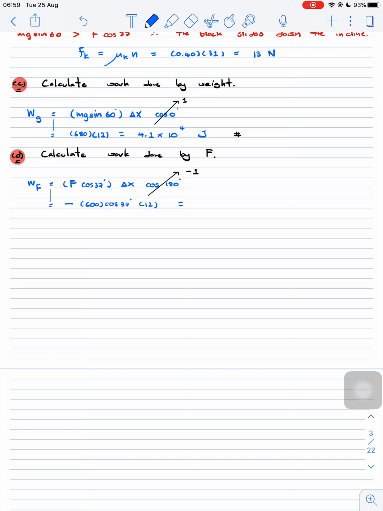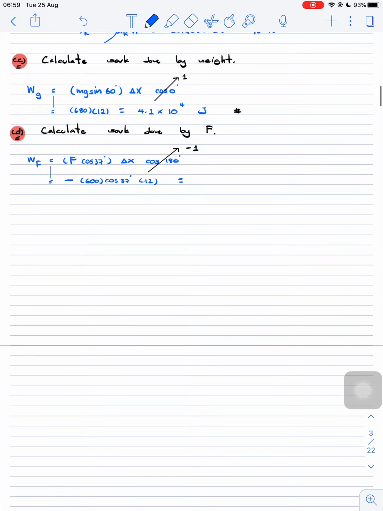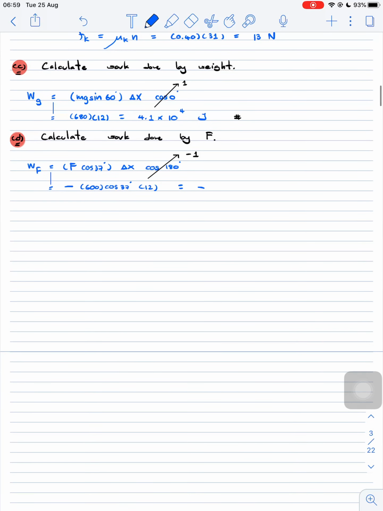So in this case, it's going to be equal to minus 0.58 times 10 to the 4 joules.